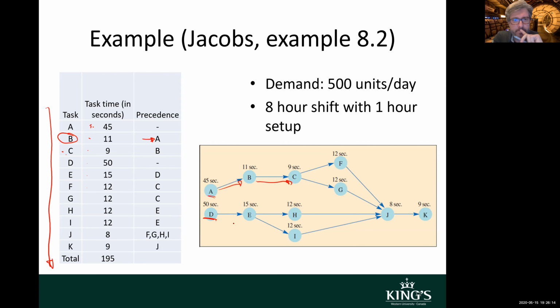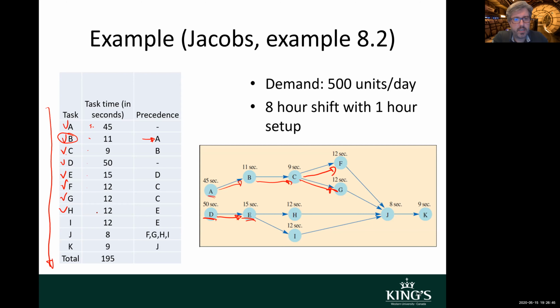So as you move down into task E, task E is 15 seconds and requires D to be ready. So there you go. Now you're going to D. So task F, 12 seconds and requires task C to be performed. So this is where F is going to go, right? Task G, also 12 seconds and also requires C. So you're going to move it this way.